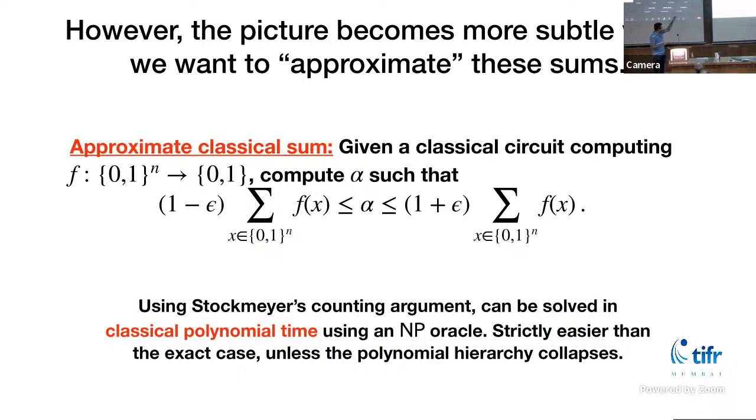For instance, if this is true, then the polynomial hierarchy would collapse to its third level. So you have these progressively stronger classes, but if this holds, the whole hierarchy just collapses to the third class in the hierarchy. And that is not believed to be possible.